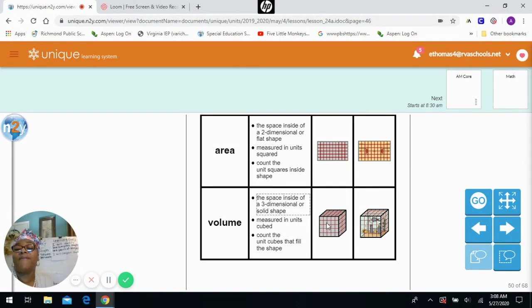You want to measure everything, the area, the walls, the full thing. You measure in unit cubes that fill the shape. Okay, so remember, in area, you did unit squares. In volume, you do unit cubes.